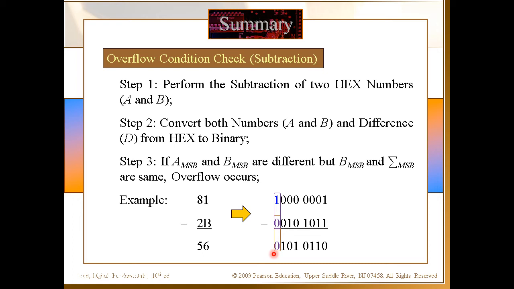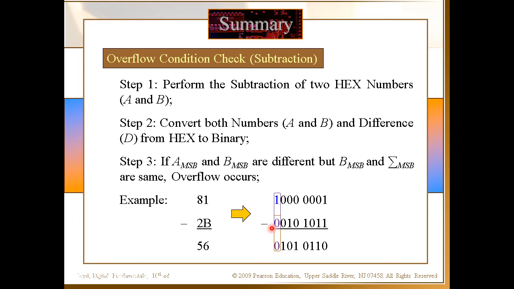Okay. If you go to the quiz section for this lecture, what you will see is that in every question we actually gave you two hex numbers, either for addition or subtraction. So you just have to follow these three steps. You have to do the addition or subtraction, get the sum or the difference, convert those two numbers into binary, and just work with the most significant bit of the numbers.